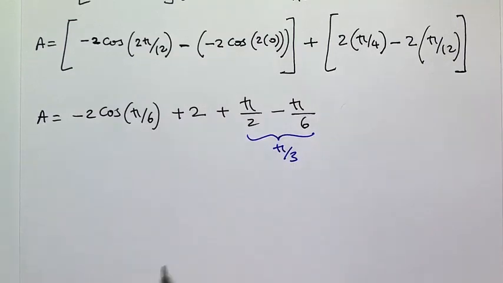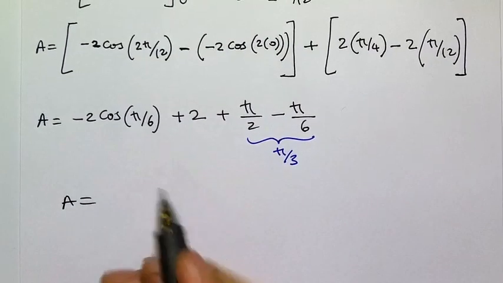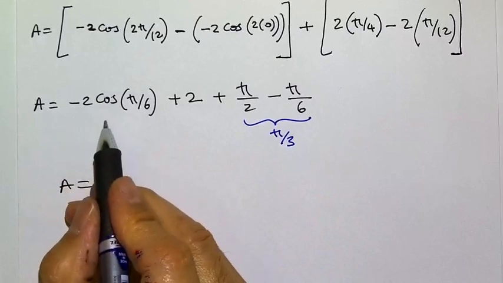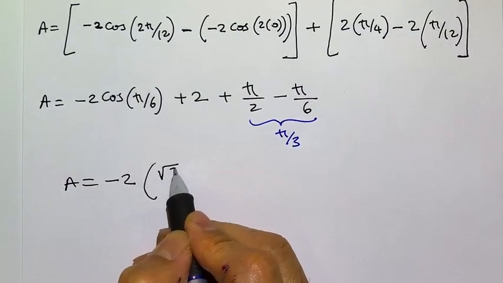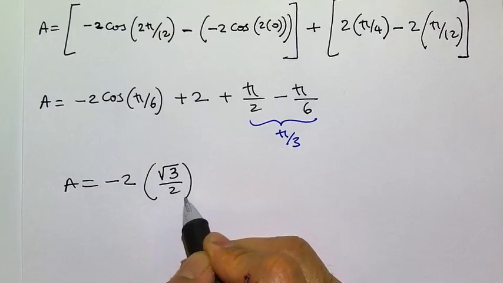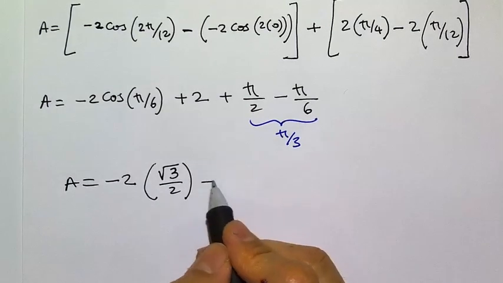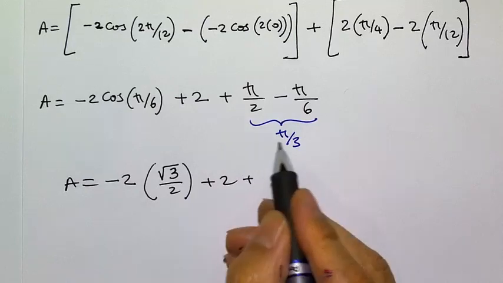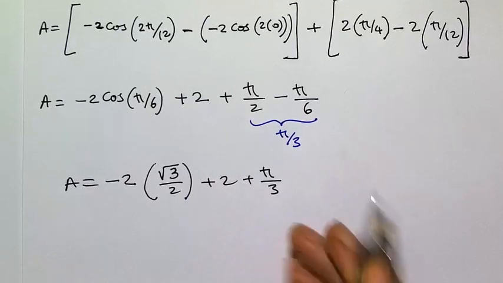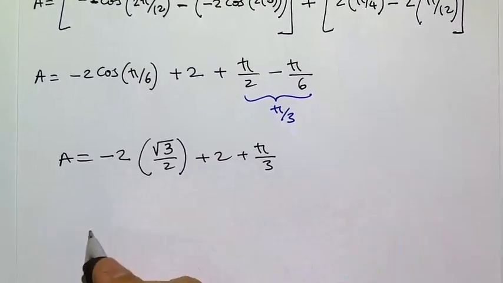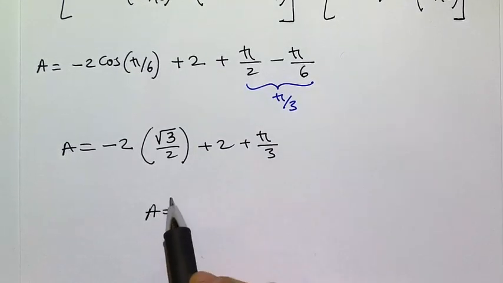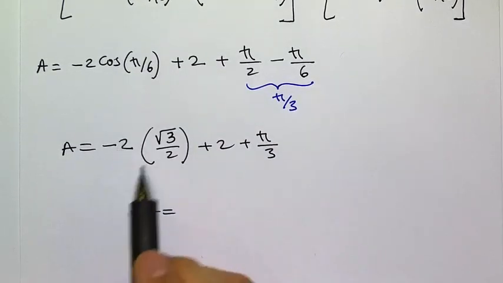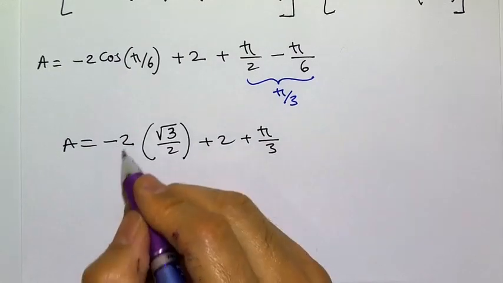Right? So then we have the area equals minus 2 times square root of 3 over 2, and then plus 2 plus this, pi over 3. So what do we get? The 2 and 2 cancel out here.